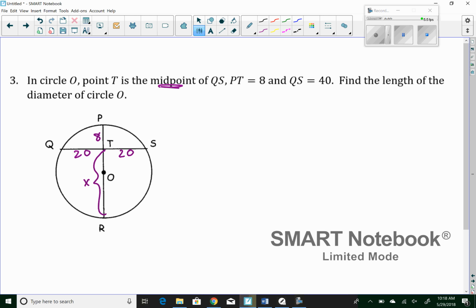TR is X, so I can say 20 times 20 is equal to 8x, or 400 is equal to 8x, or x is equal to 50. So if x is 50, PR, or the diameter, is 58.